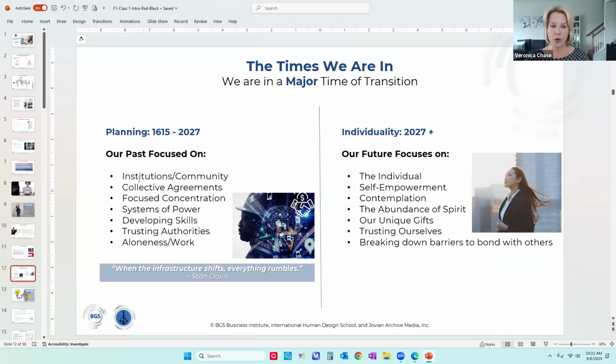Over the course of hundreds of years around the world, institutions and communities and agreements and bargains and trusted authorities, all of us coming together, sometimes on a massive scale, and agreeing to do something like work in a giant company or build a massive bridge or do all these really big things in the world. It took lots of individuals agreeing to the bargain.